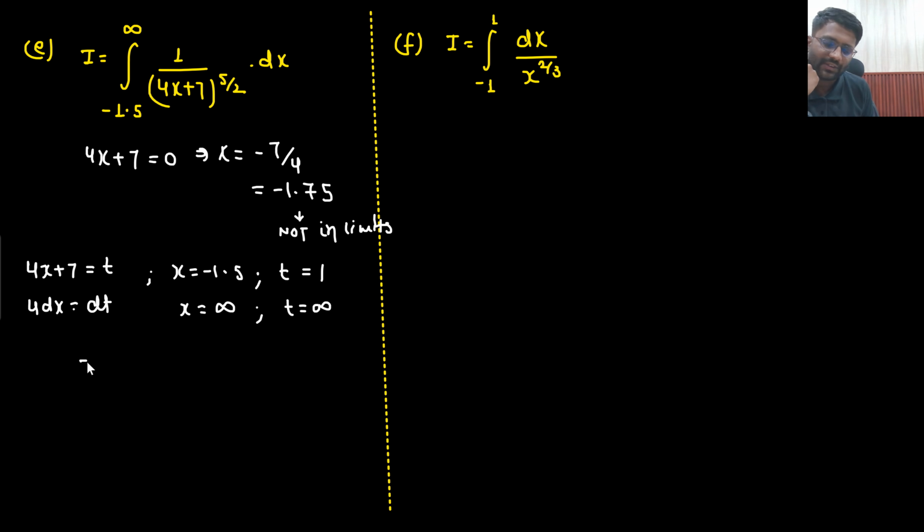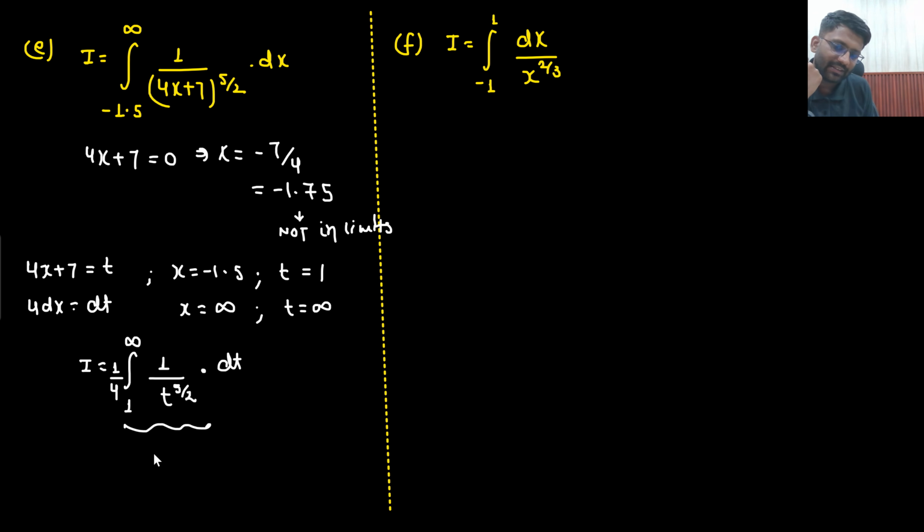Now I can sense one thing. It is going from 1 to infinity, 1 by (4x plus 7), which was t, to the power 5 by 2, the root. In place of dx, I can write dt by 4, so 1 by 4 I can take outside. So from 1 to infinity, isn't it becoming a p series?